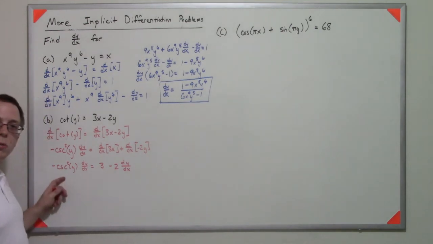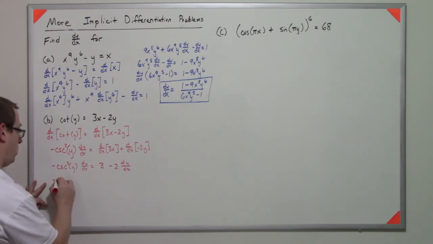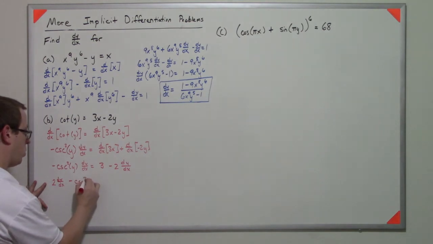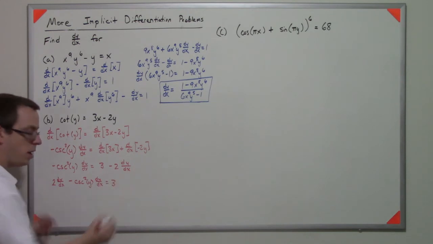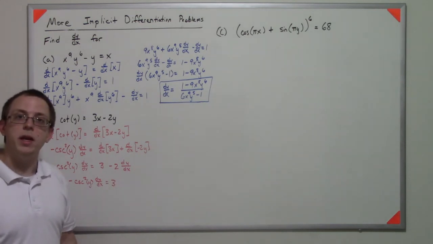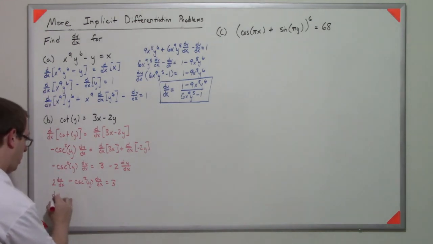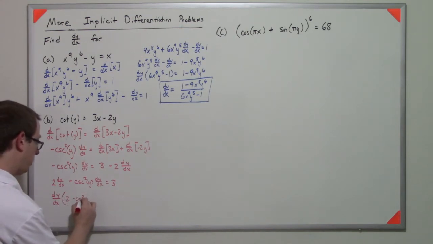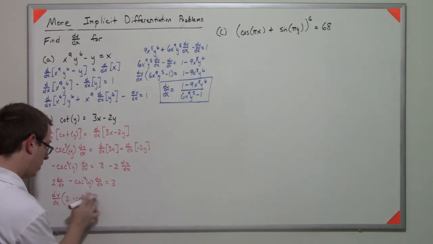So let's get all the terms with dy dx on one side. So now I have 2 dy dx minus cosecant squared y dy dx equals 3, at which point then I can factor out a dy dx, so dy dx times 2 minus cosecant squared y equals 3.